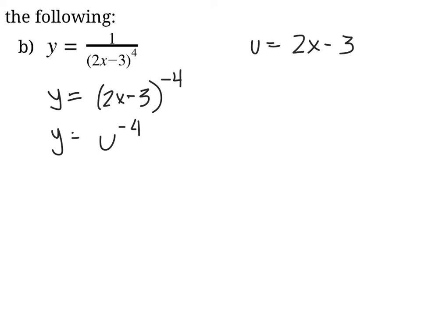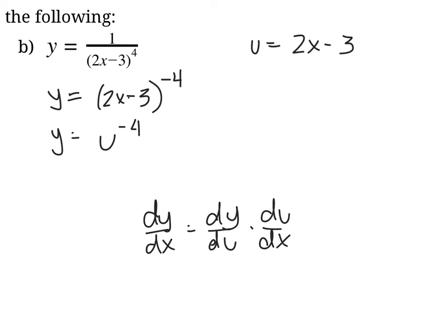Again, I'm going to write out my chain rule. So dy by dx is equal to dy by du times du by dx. Okay, so we can find dy by du is equal to negative 4u to the negative 5, and then du by dx, oh sorry, I made a mistake here.